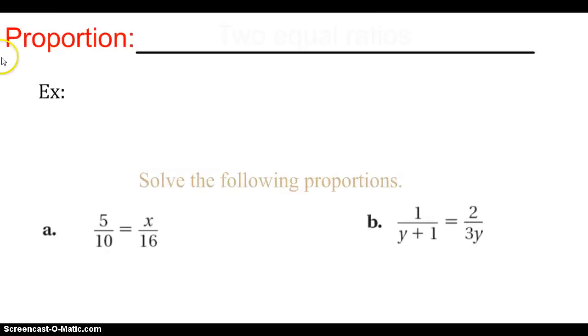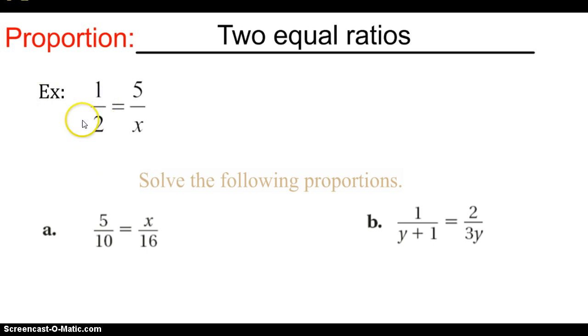The next slide talks about a proportion, and you've seen proportions before. You've solved them before in algebra, so this shouldn't be too difficult. A proportion is two equal ratios, okay? My example: if I have 1/2, that's a ratio. Then what number, 5 over what number, is equal to 1/2?